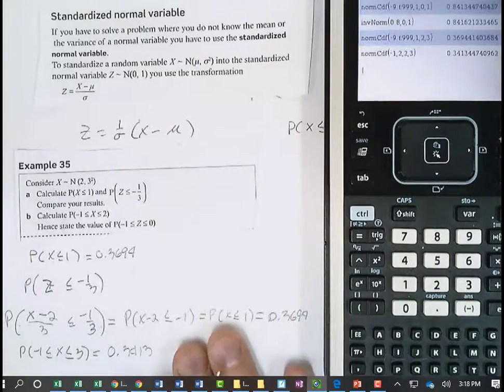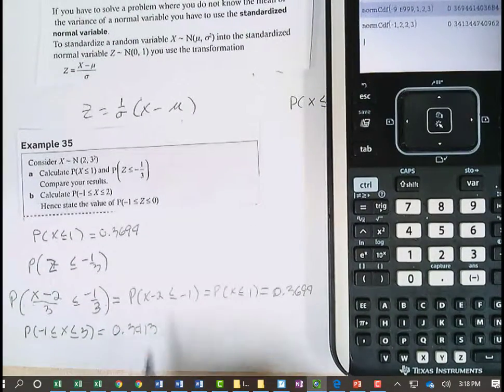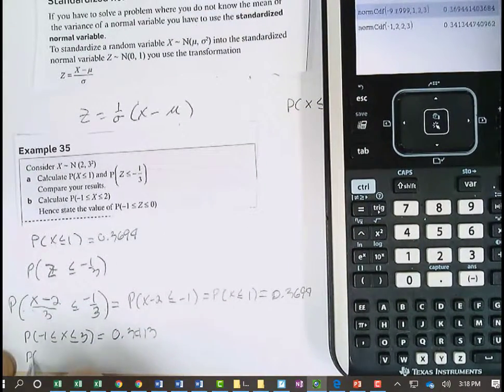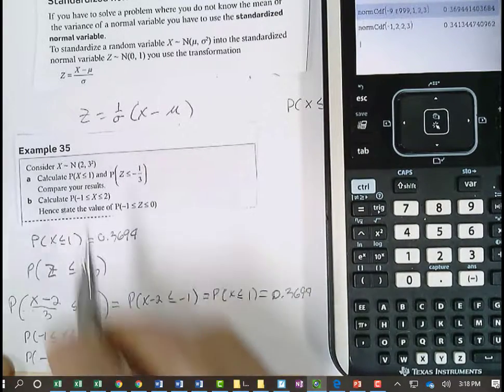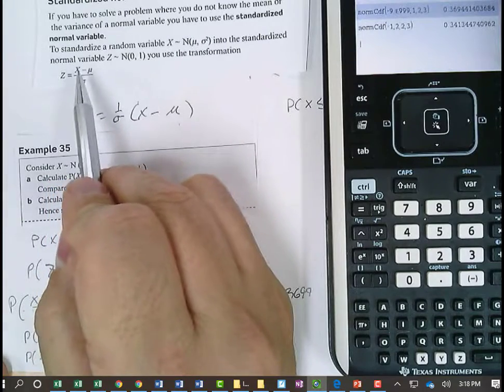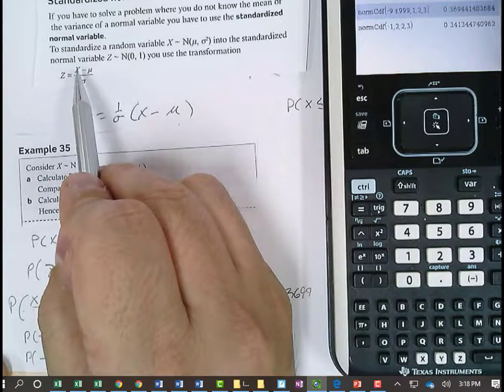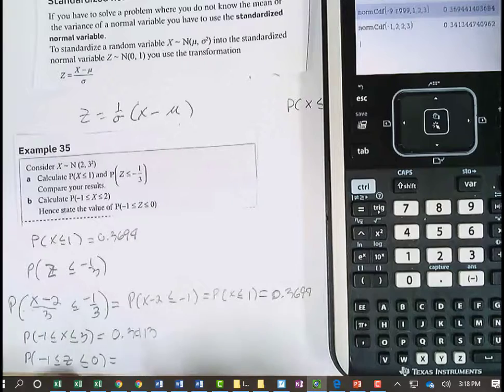If you look at this, I can say the probability that negative 1 is less than or equal to z is less than or equal to 0, but I know that the standard normal is equal to the random variable x minus its mu over its standard deviation.